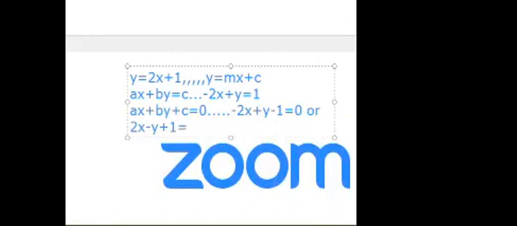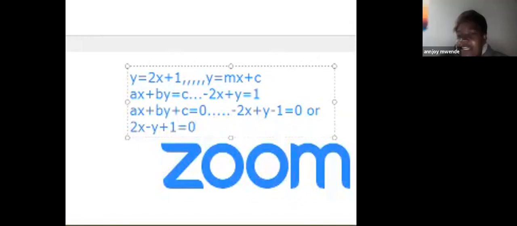In that equation, I've divided the other equation by negative 1. When you divide that equation by negative 1, you get 2x minus y plus 1 is equal to 0.